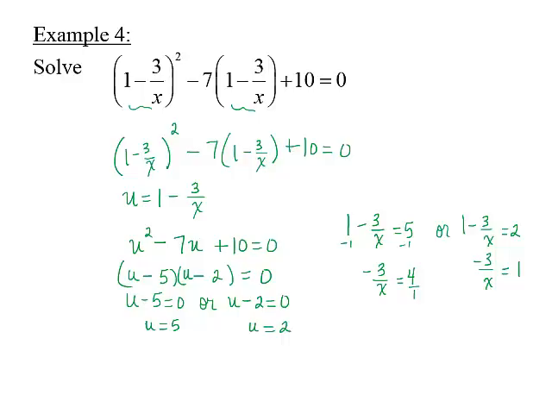Cross multiplying gives us 4x equals negative 3, or x is negative 3/4. And then x equals negative 3.